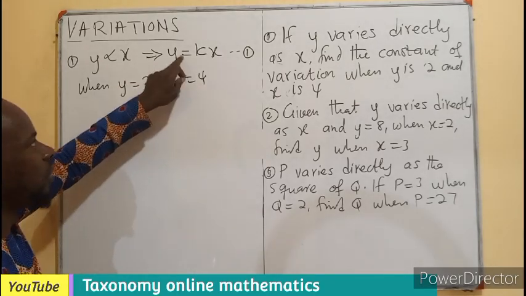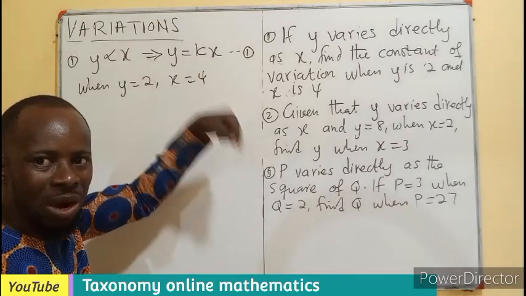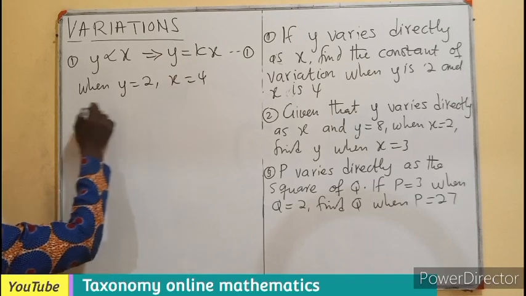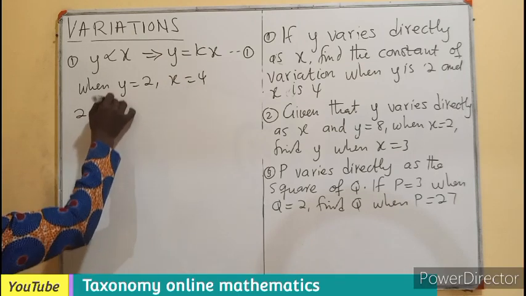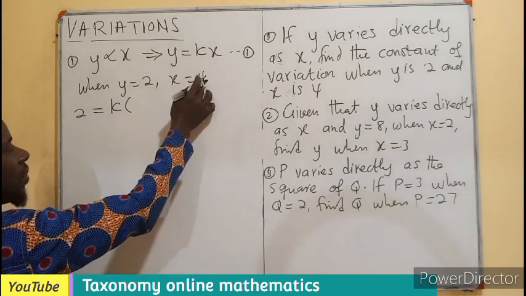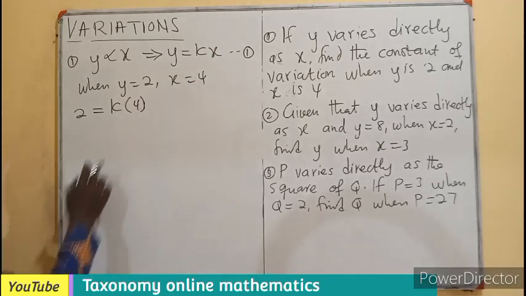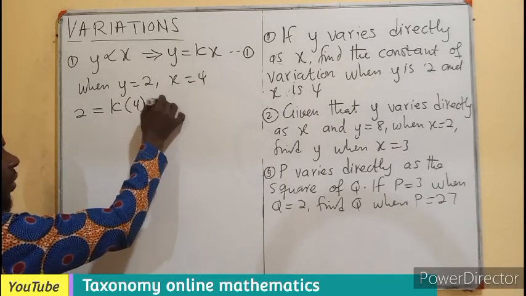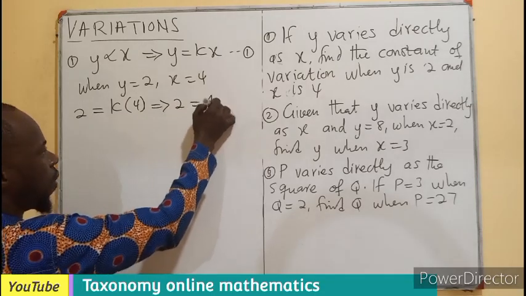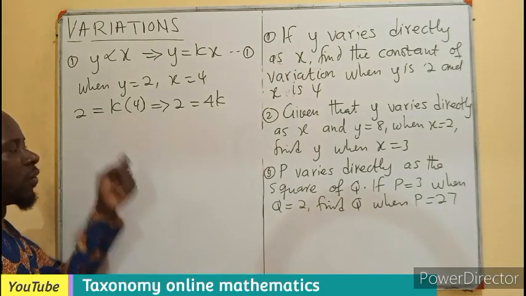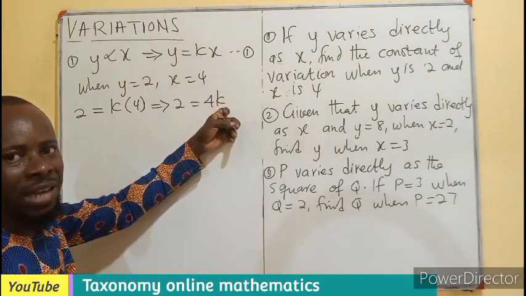Let's substitute into the equation and get the constant of variation. So in place of y, you'll have 2, equals k times x, which is now 4. So you can see that this can be written as 2 equals 4k, which is the same thing as k times 4. We need k to be isolated.